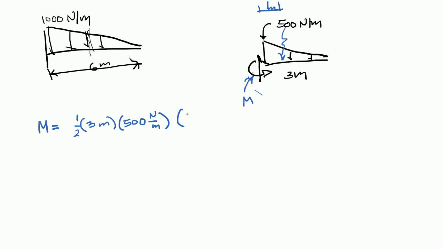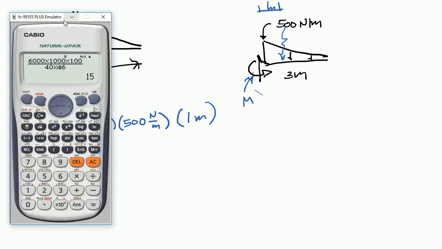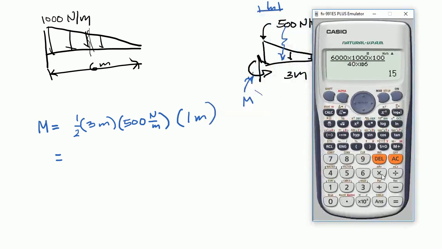So 1/3 of 3. So 1 meter ang moment arm. So the moment is, again, let's use our calculator. Okay, so 1/2 times 3 times 500 times 1. Kahit wala na yung times 1. Okay, so ang moment niya ay 750 Newton meter. Okay, sulat natin dito.